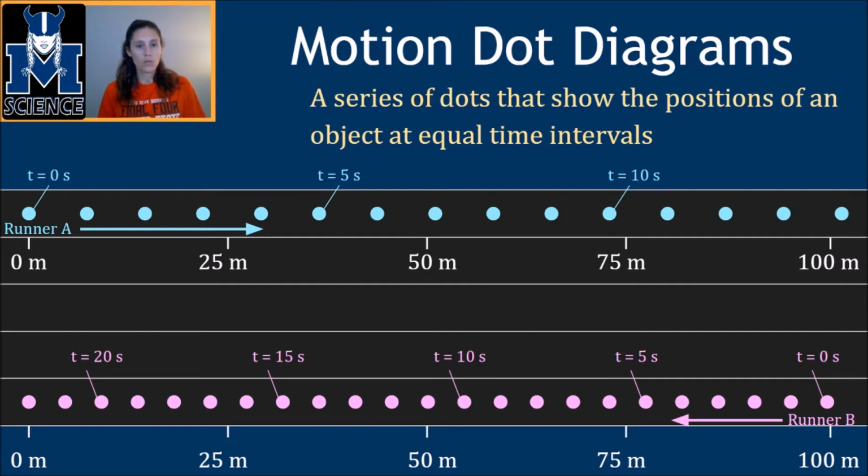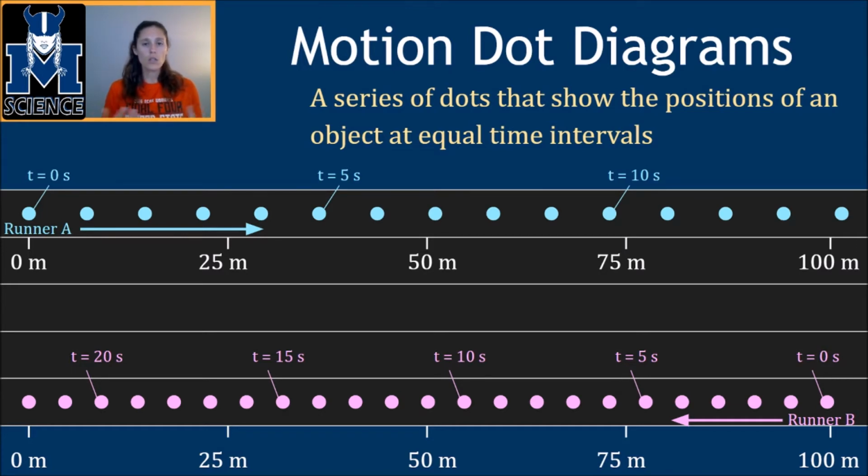We can tell that time increases to the left for runner B, and to the right for runner A. So that tells you what direction they're going. The last thing we can see from this motion dot diagram is that if there's equal spacing between the dots, then they had an equal amount of position change for each time interval, which means their velocity is constant.